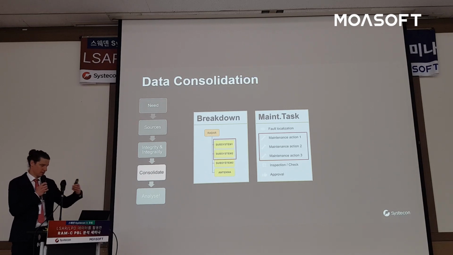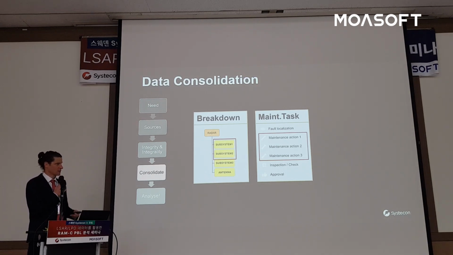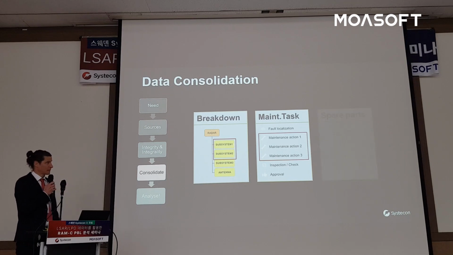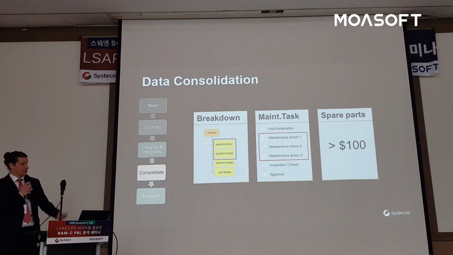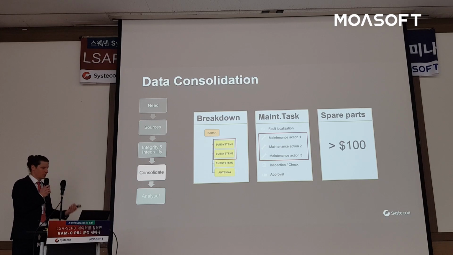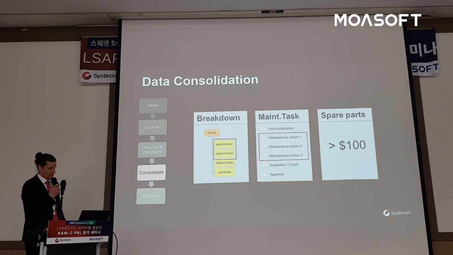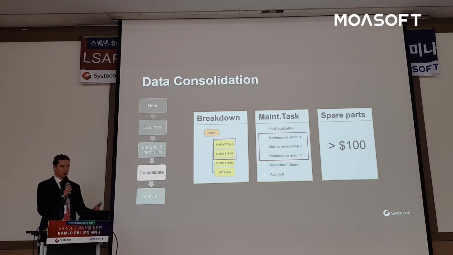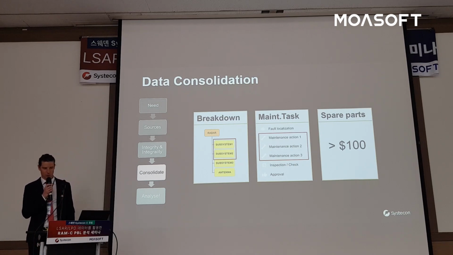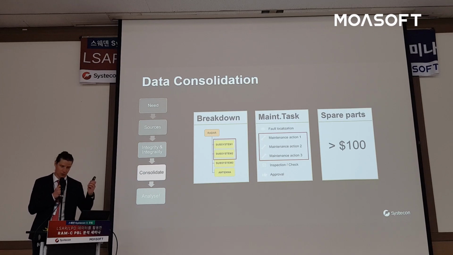The rest of the maintenance might be contracted to someone else or at a different level. And the same thing when it comes to spare parts. If we're going to provide an initial spare part list, maybe we should focus on the stuff that matters. Maybe we should draw a line somewhere and say that we're only looking at spares over $100, for example.